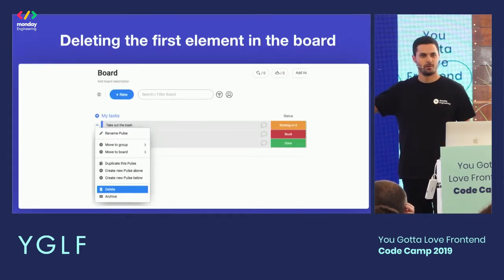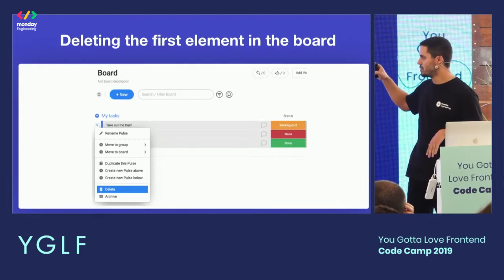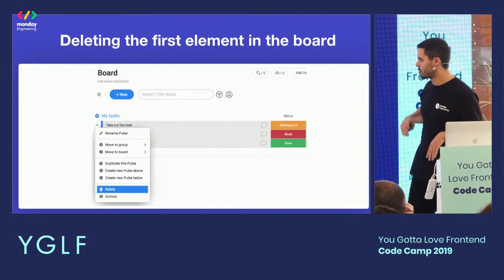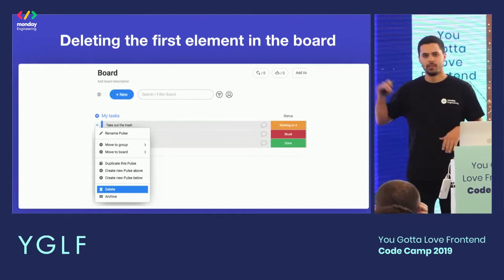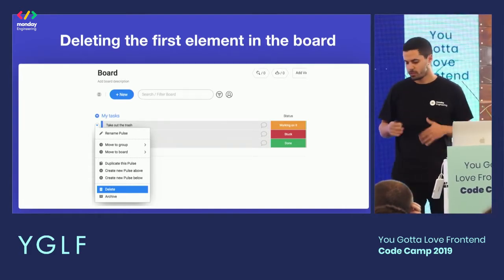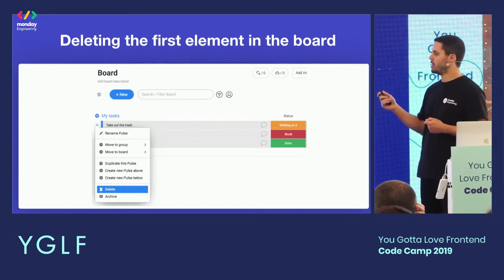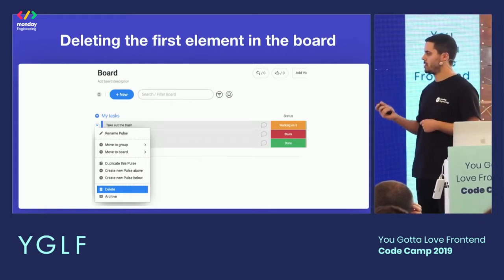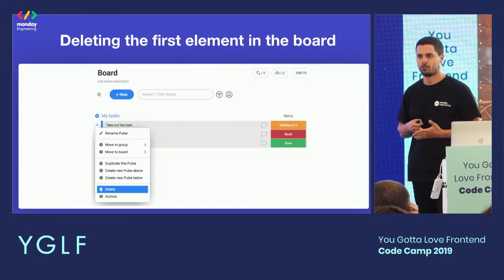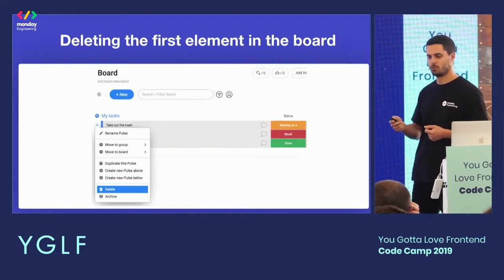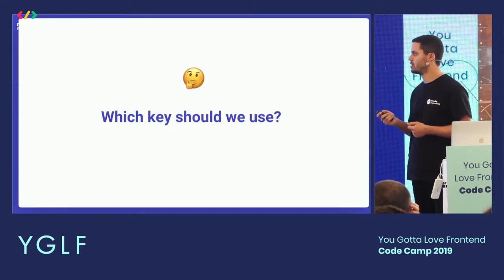Okay, so this again is our board, our product. You can see we have a list of items, 3 items in this case, and we want to delete the first element. We want to give you some hunch or some feeling about how this can really have a strong impact on our performance, depending on which key we choose.